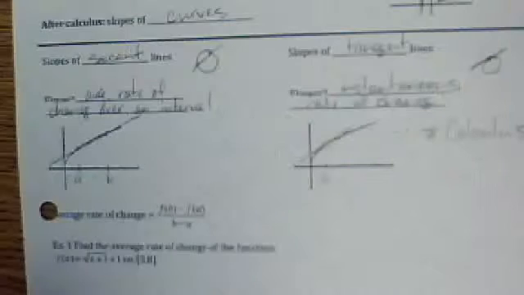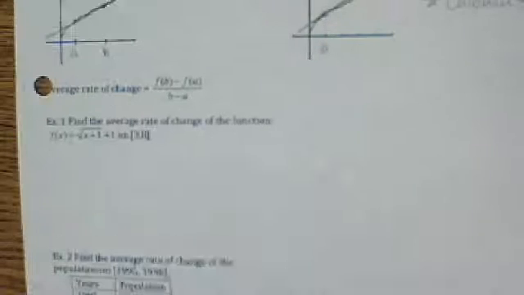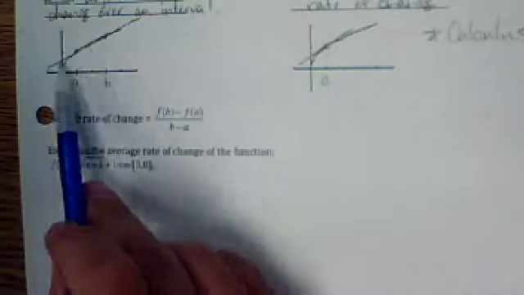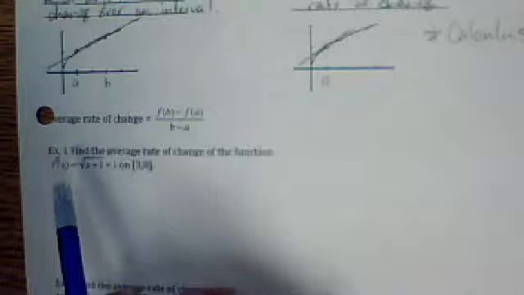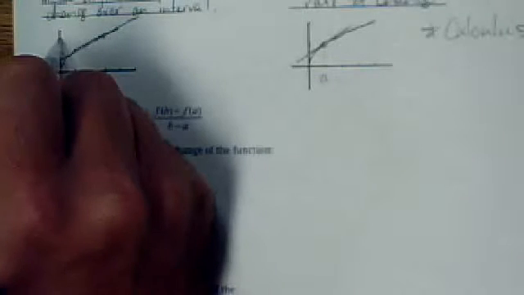Now, let's go back to average rate of change. Now, guys, this is really simple. This is basically what you've been doing for the last 4 years. Okay? If we're finding the slope of that secant line, we're just taking f of b, which is right up here.